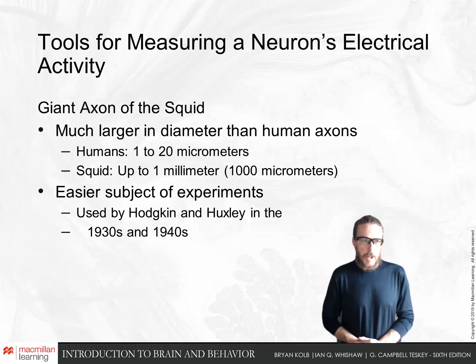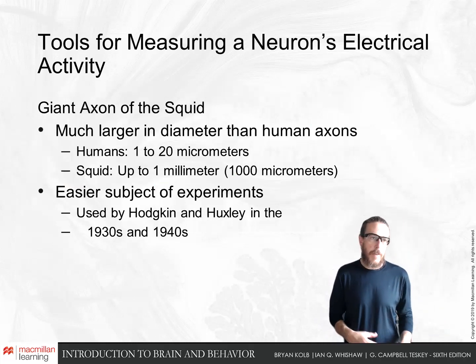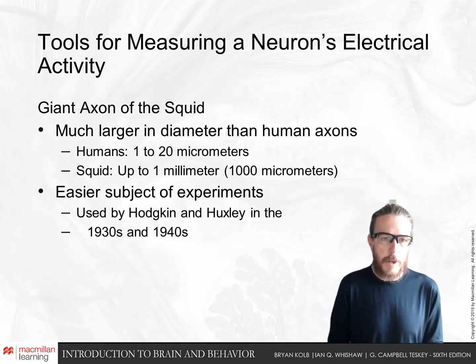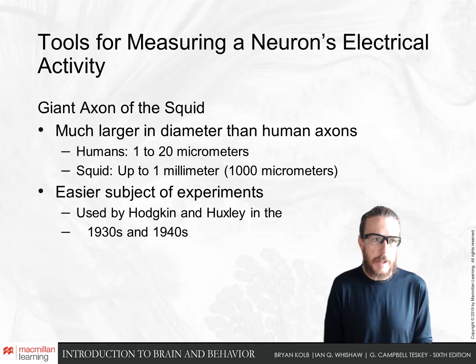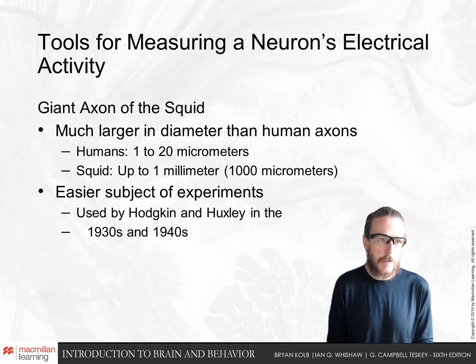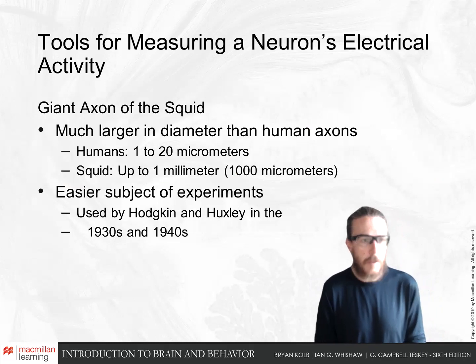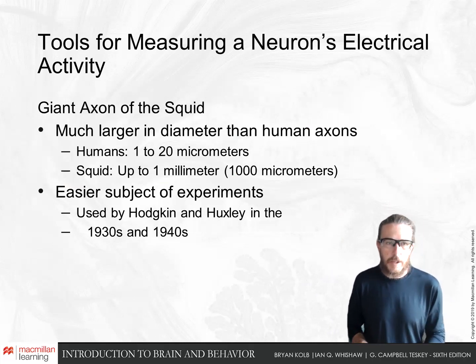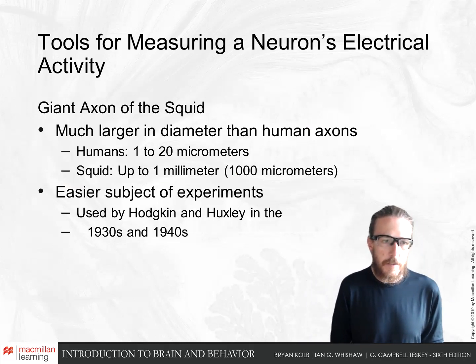It was only when scientists identified creatures with very, very large axons that were able to be measured by the rudimentary equipment that they had at the time that they could make a better understanding of how the system worked. So they identified a giant axon of a common squid in the Atlantic Ocean. The axon had a much larger diameter than our axons, which are in micrometers.